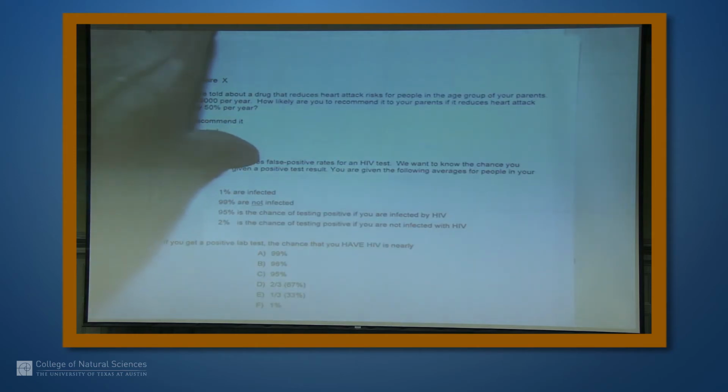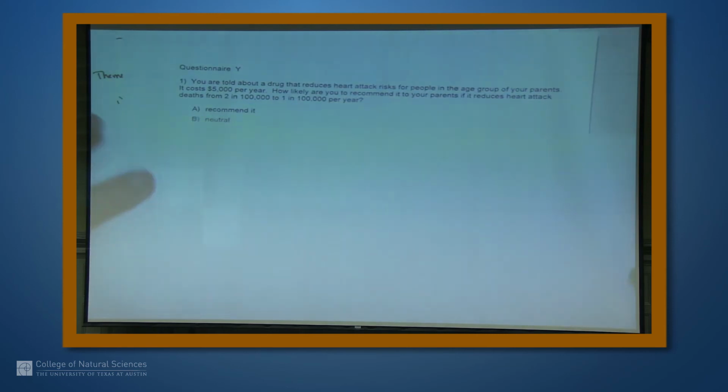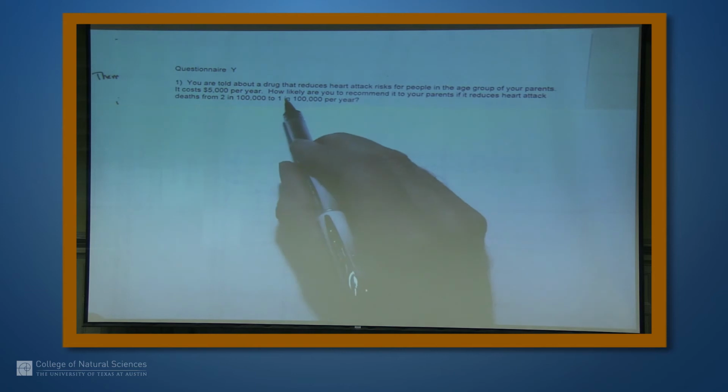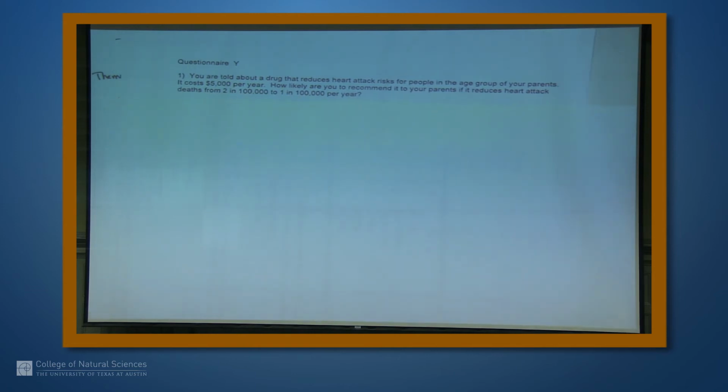Questionnaire Y presents the same information, perhaps with one additional statistic, and reads the same, up to: how likely are you to recommend it to your parents if it reduces heart attack deaths from 2 in 100,000 to 1 in 100,000 per year. That's a 50% reduction, right?